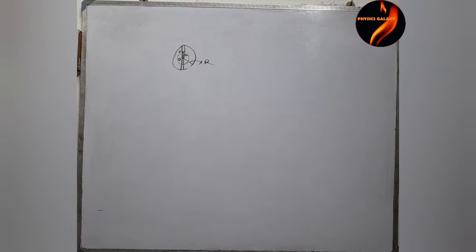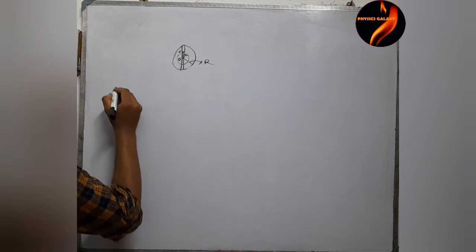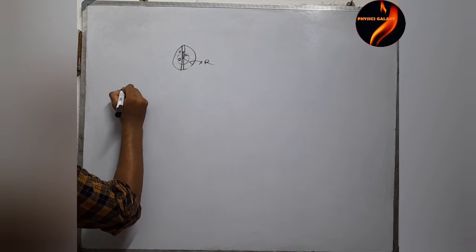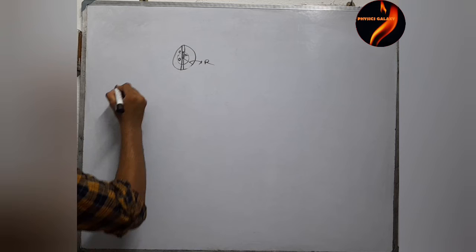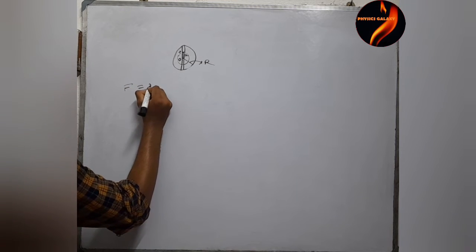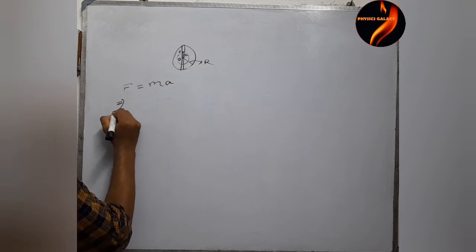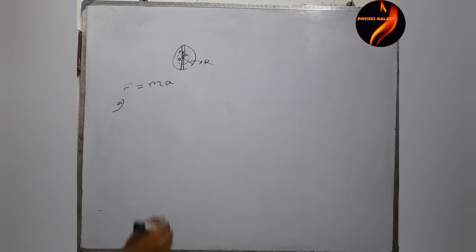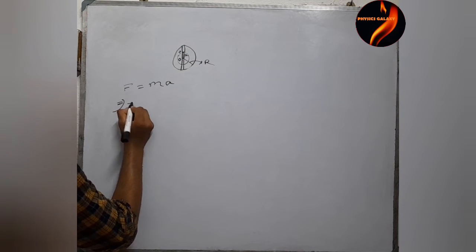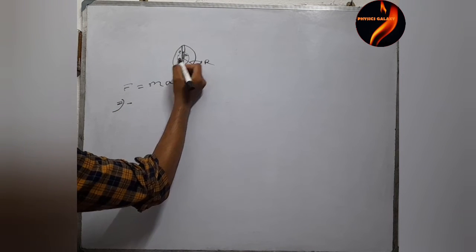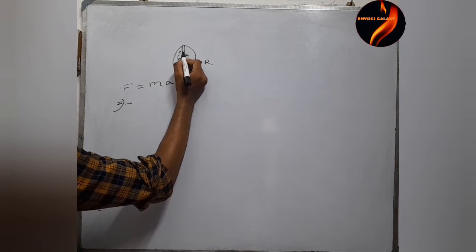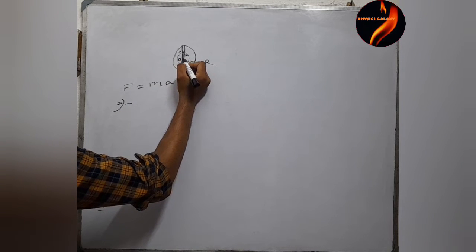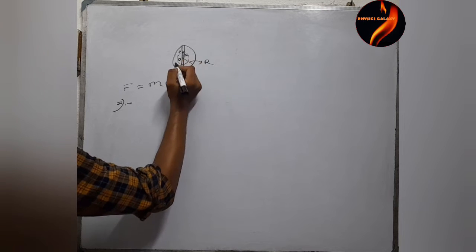If we apply Newton's second law, F equals ma, then we get that the force experienced by the particle should be negative, because the minus sign arises as the force is directed toward the center of the earth.